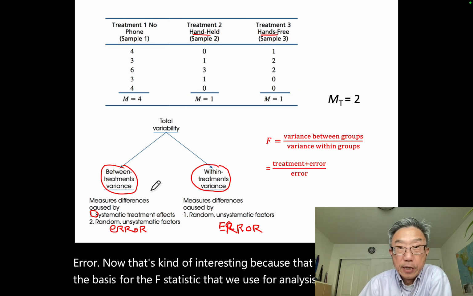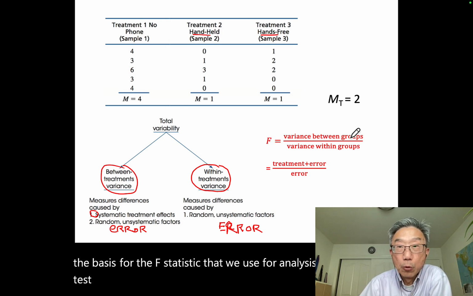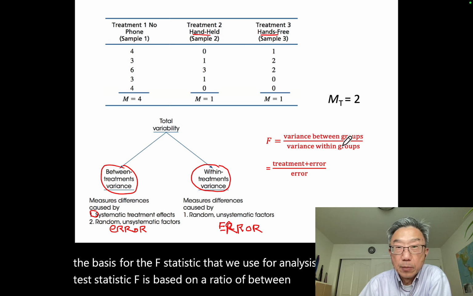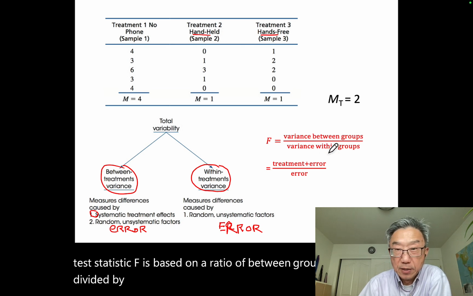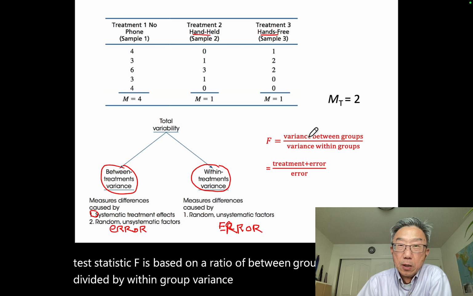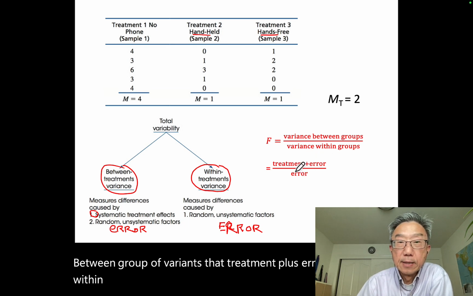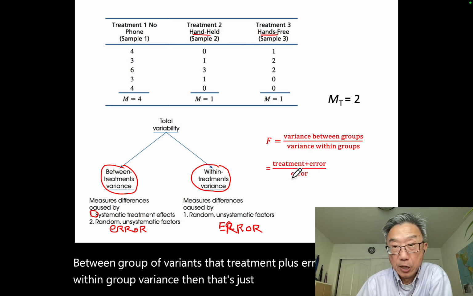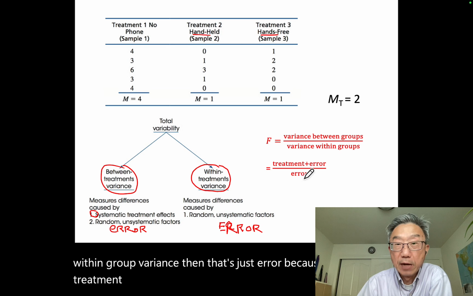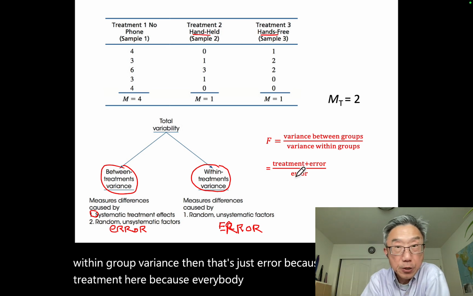So the test statistic F is based on a ratio of between group variance divided by within group variance. Between group variance is treatment plus error. But within group variance is just error, because there's no treatment here: everybody in the same condition, remember, has the same treatment.